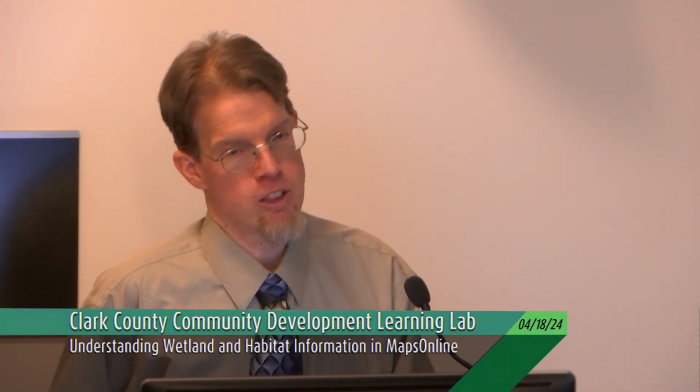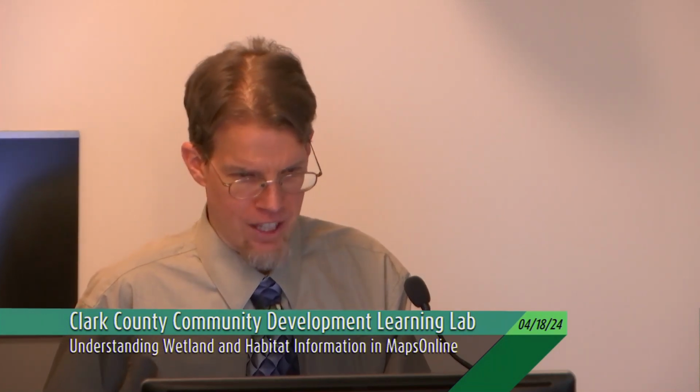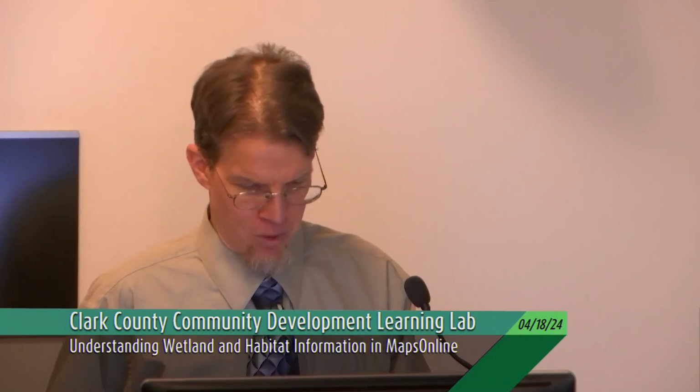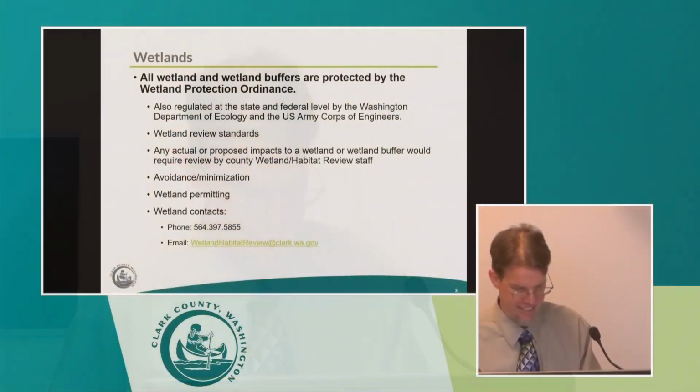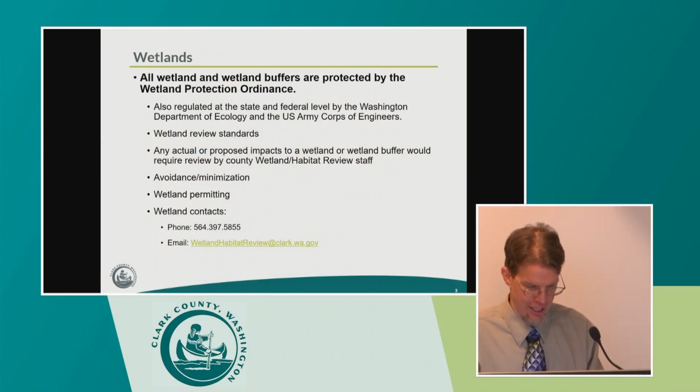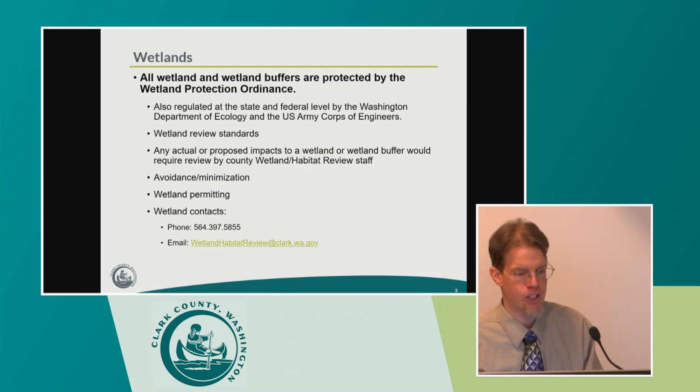Similar to our habitat ordinance, as far as wetland permitting goes, we also have an avoidance and minimization clause in our wetland ordinance, which again says try to avoid impacts to a wetland buffer if you can. If you can't, then you would end up needing to, again, justify the impacts, show how you minimized any impacts, and you'd have to have a wetland permit with applicable mitigation to move forward.